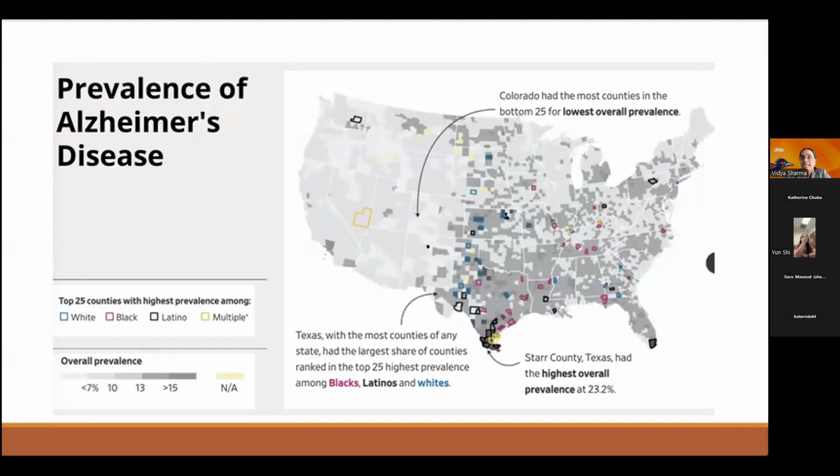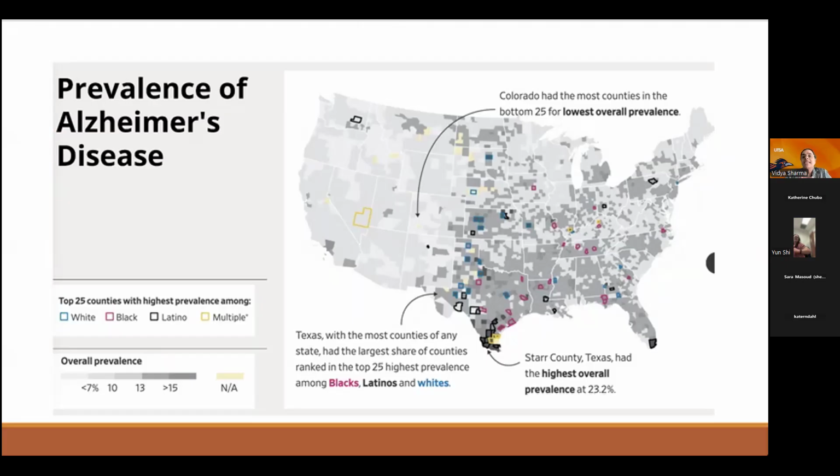For all of y'all who have worked and provided care to older adults, this is not something very new or alarming, but this is a map of the United States showing the county-level prevalence of Alzheimer's disease across the US. The shading represents overall prevalence rates.